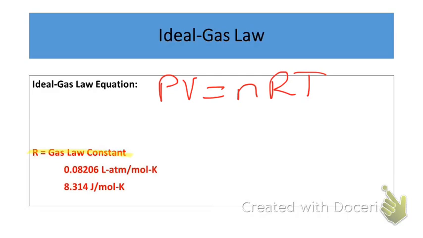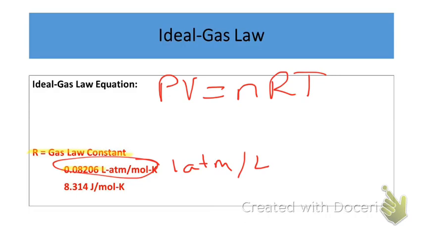Now let's talk about R. There are two R values here: 0.8206 or 8.314. These R values will be used depending on what units of pressure and volume are given to you. So if you're given pressure in atmospheres and volume in liters, then you're going to use the first R value.